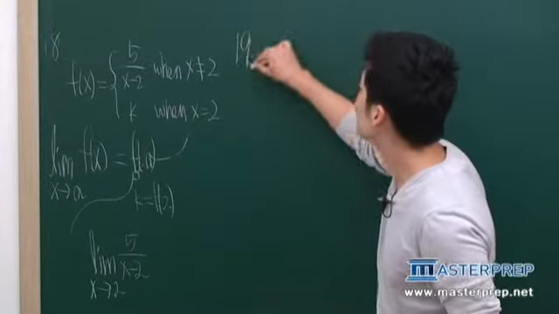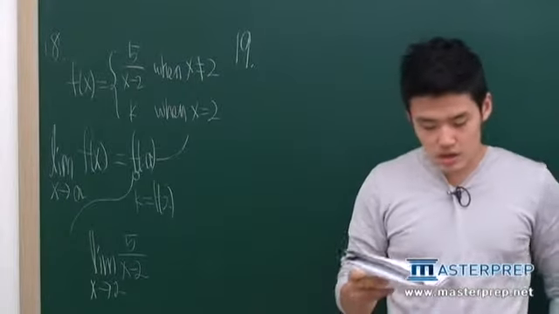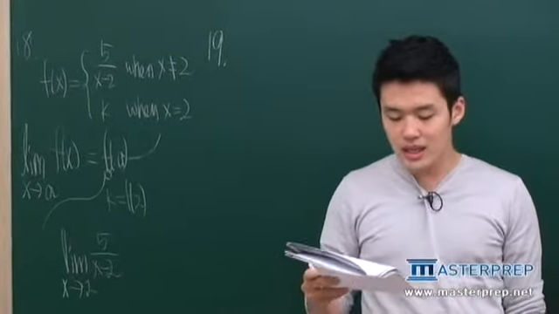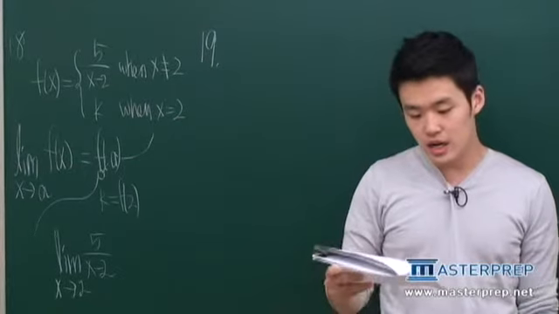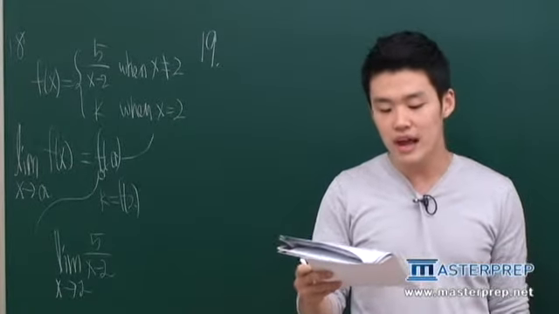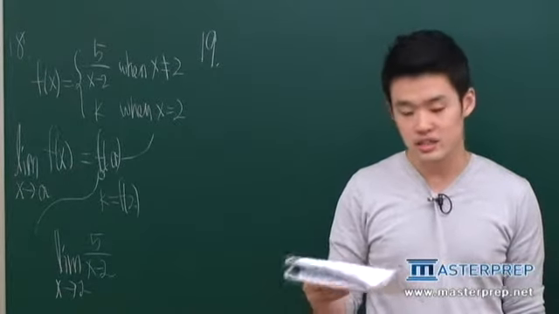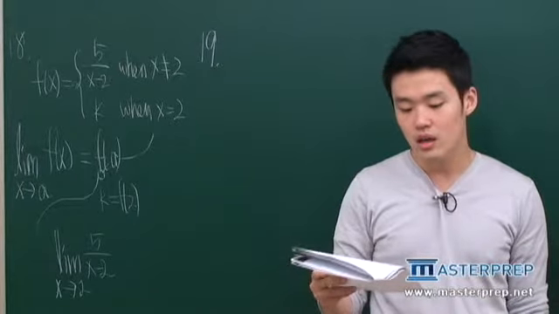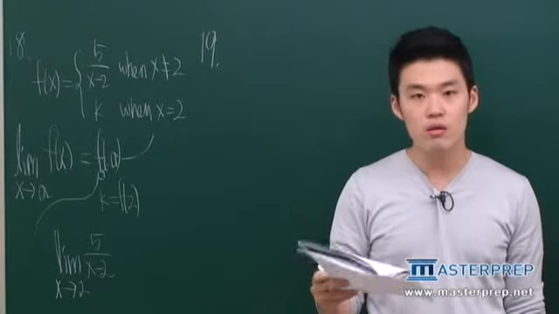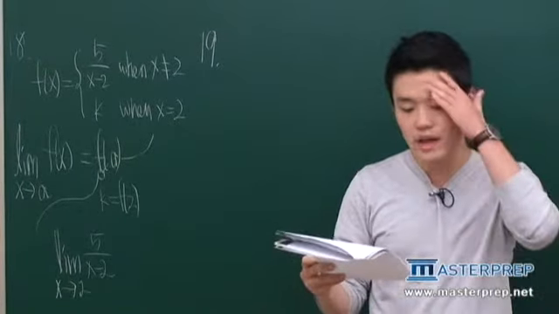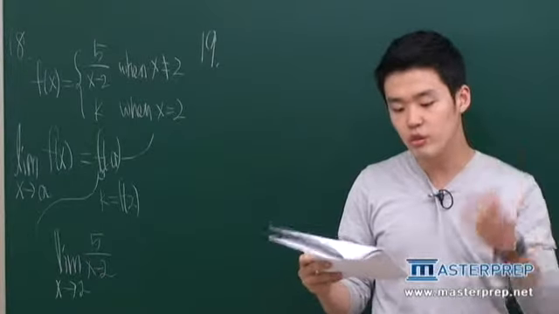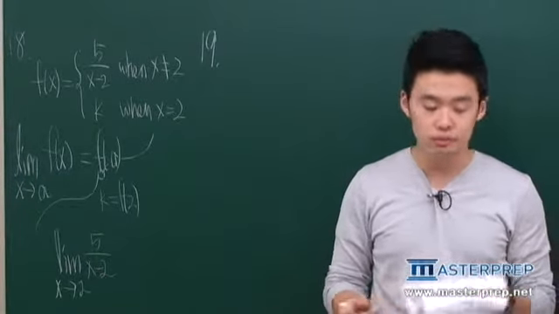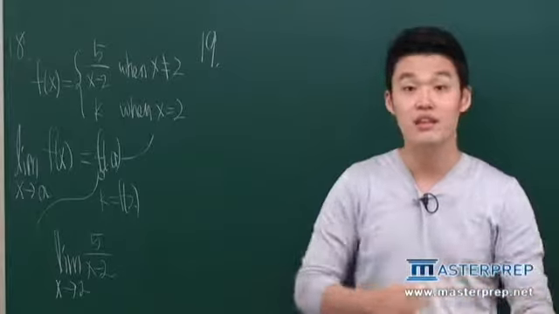Okay, so let's do number 19. What is the probability that a prime number is less than 7 given that a prime number is less than 13? First of all, what is the set of prime numbers that is less than 13?